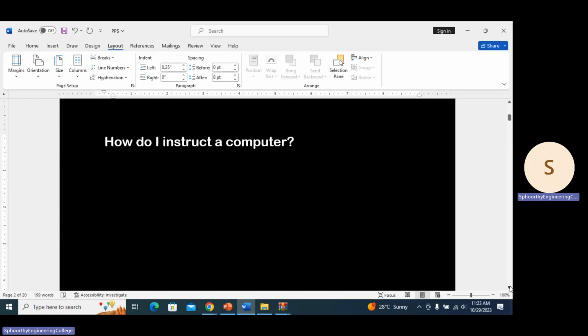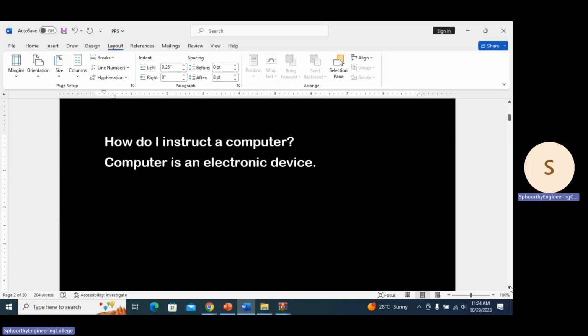A computer is an electronic device. Everyone is aware of this fact. So what do you mean by the statement, computer is an electronic device?